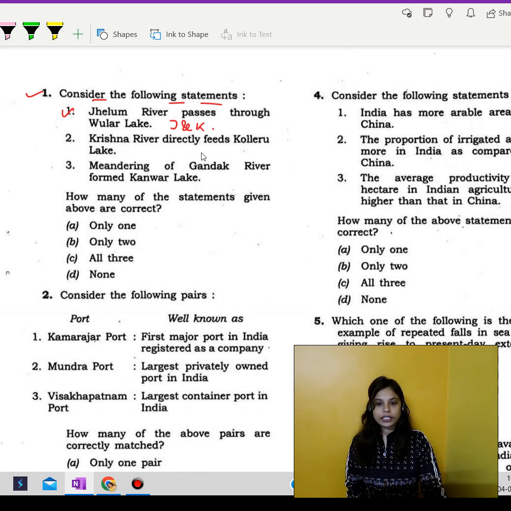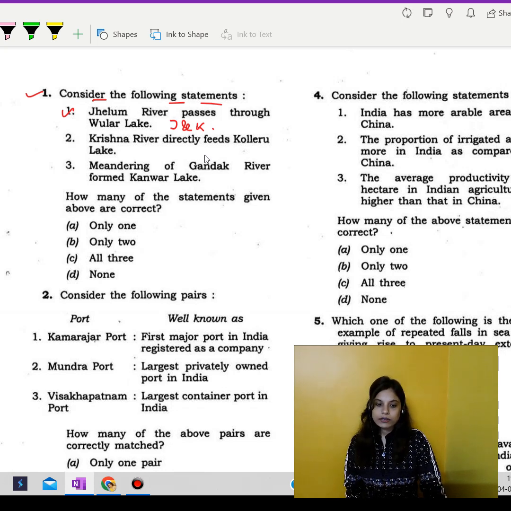Krishna River directly feeds Koleru Lake. The Koleru Lake is fed directly by the water from the seasonal Budameru and another stream, the Tamileru stream, which we call it. So Budameru and Tamileru streams.